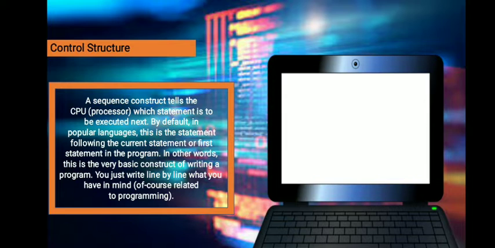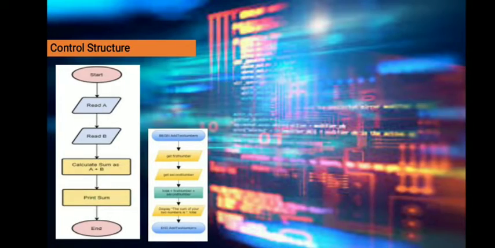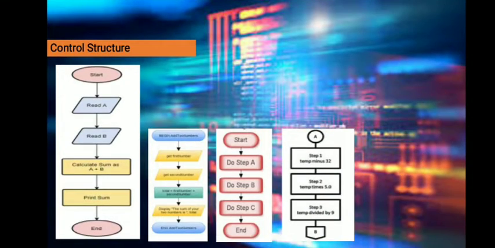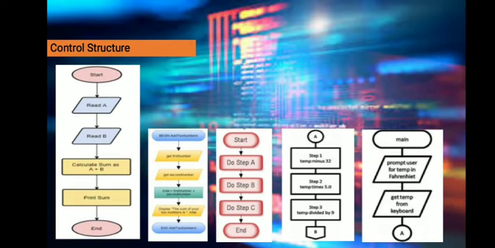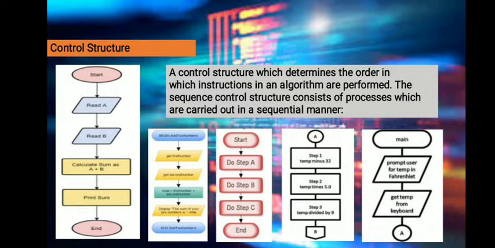You just write line by line what you have in mind, related to programming. A control structure determines the order in which instructions in an algorithm are performed. The sequence control structure consists of processes which are carried out in a sequential manner.